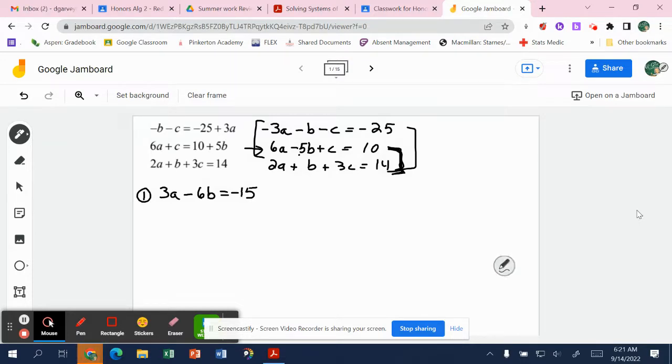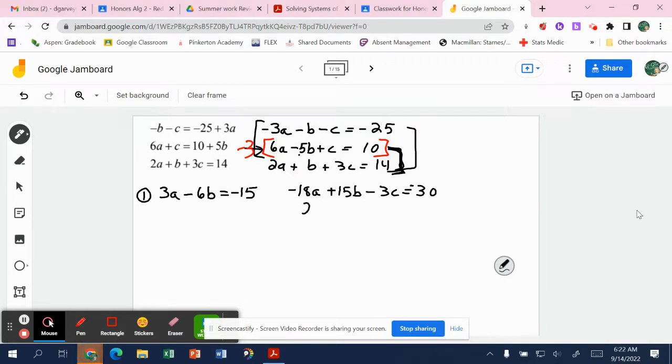So if I multiply it by negative 3, I will get negative 18a plus 15b minus 3c equals negative 30. Don't forget I have to multiply everybody by negative 3.